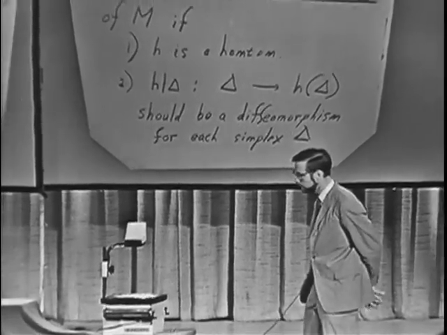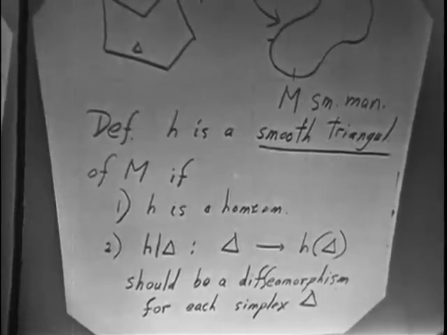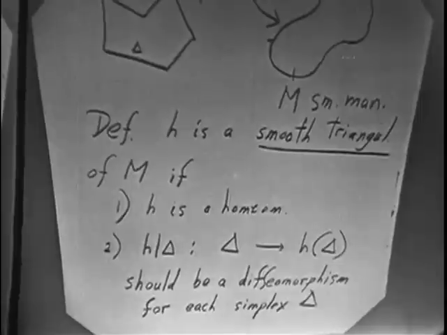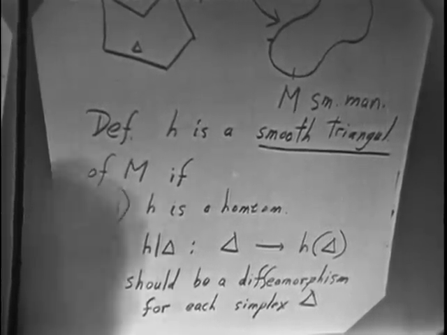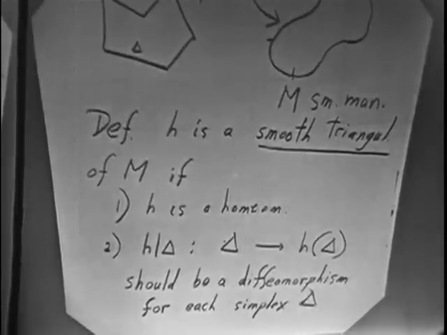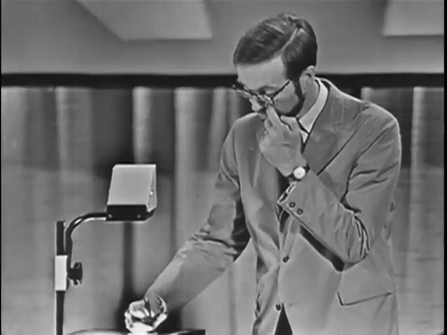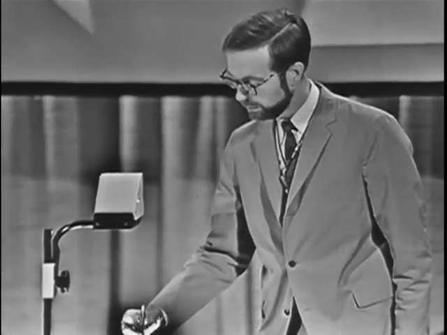Now, this is using the word diffeomorphism in perhaps an unfamiliar context, but if you remember at the beginning of the first lecture, I defined the concept of diffeomorphism for completely arbitrary subsets of Euclidean space, not only for smooth manifolds, and that's important at this point because a simplex certainly is not a smooth manifold, but we can still require that this correspondence be a diffeomorphism. Let me draw a two-dimensional picture.